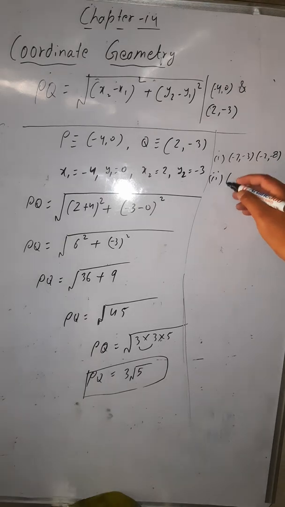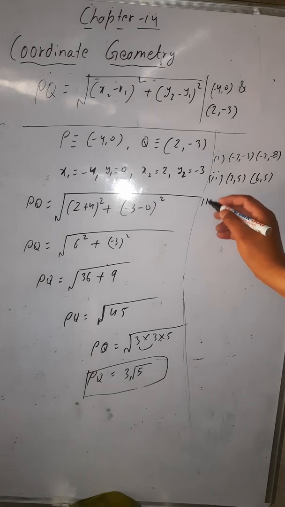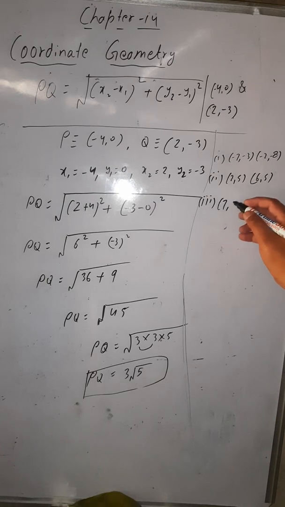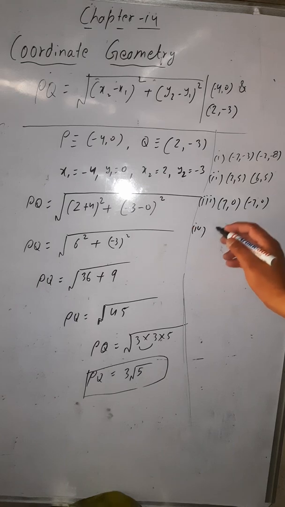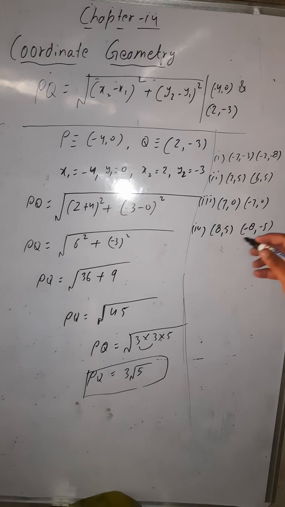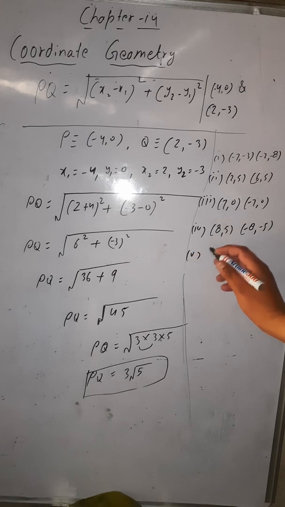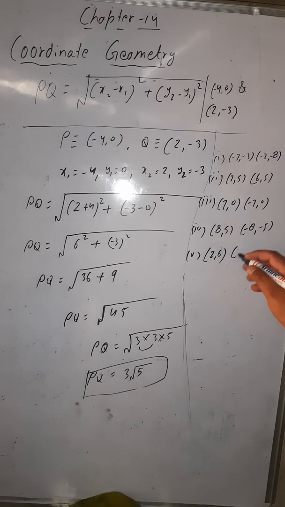Number 2, 2 5 6 5. Number 3, 7 0 minus 7 0. Number 4, 8 5 minus 8 minus 5. Number 5, 2 6 minus 7 minus 6.